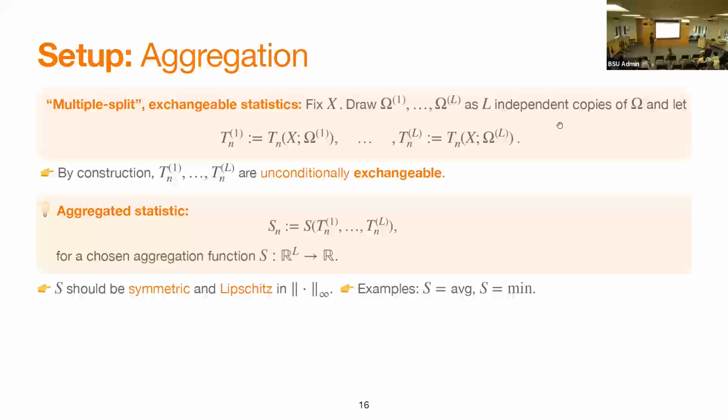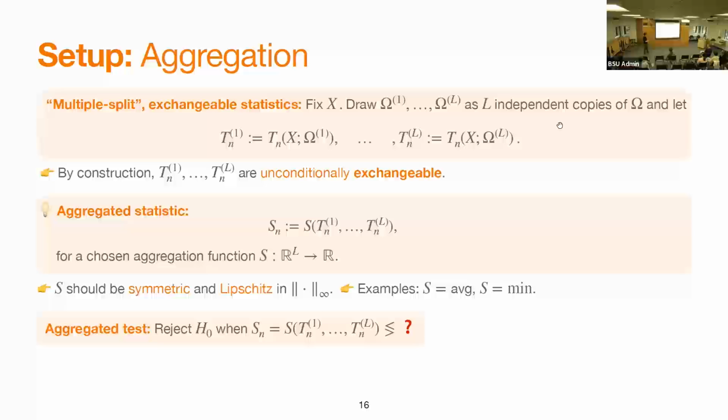Examples would be the average of the statistics or the minimum statistic. For example, if your statistics are actual p-values, it may make more sense to take the minimum of the p-values. If the statistic is like a z-score where the signal is in the mean, then you probably want to take the average. Now I want to do my decision making based on this aggregated Sn.